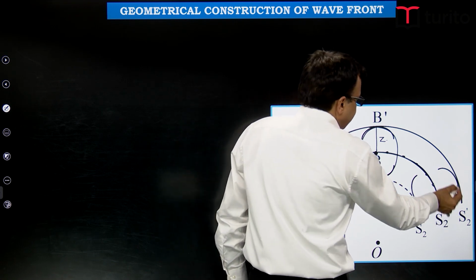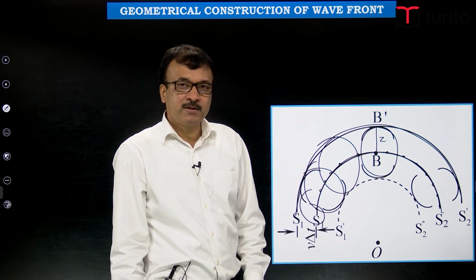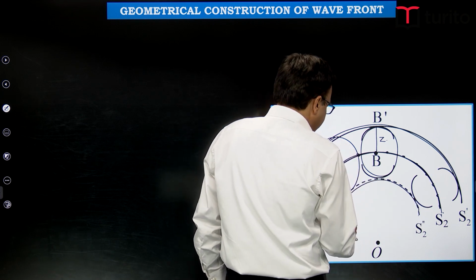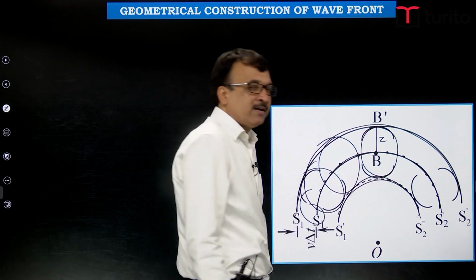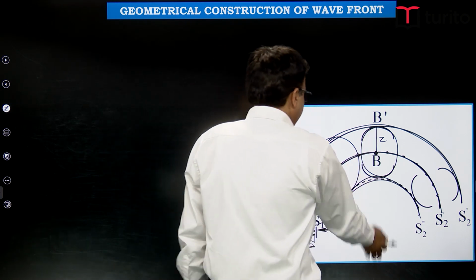Then this is the envelope of all these spheres. This envelope is the position of the new wavefront, and this wavefront which is represented by the dotted line is irrelevant because the amplitude of secondary wavelets in the opposite direction is 0.